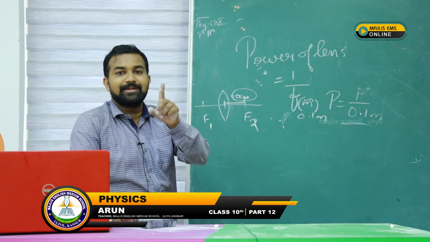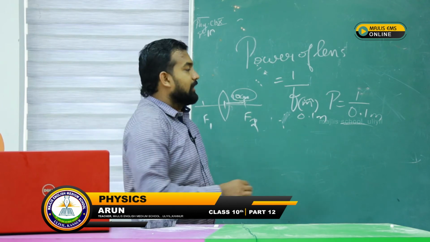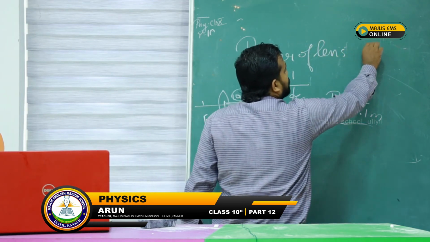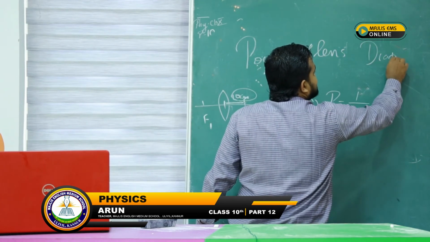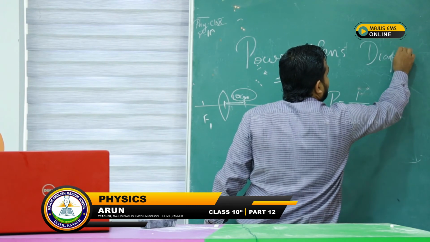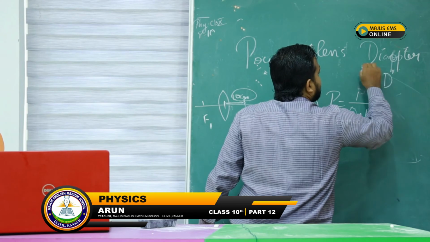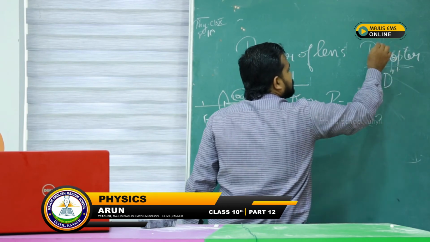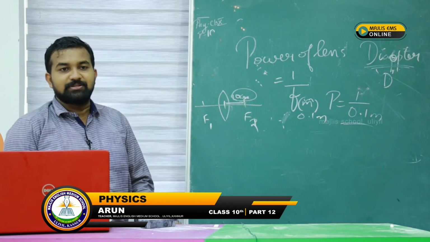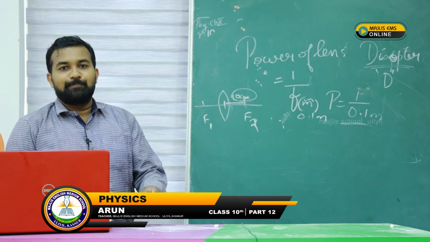Then only you will get the power correct. And the SI unit of the power of the lens is diopter. That's also you need to keep in mind.